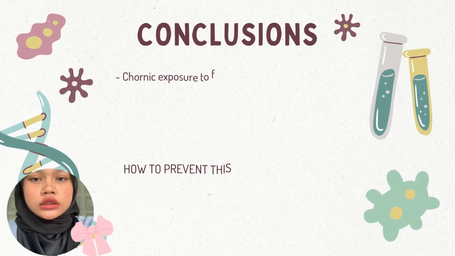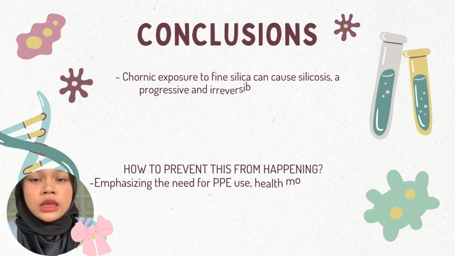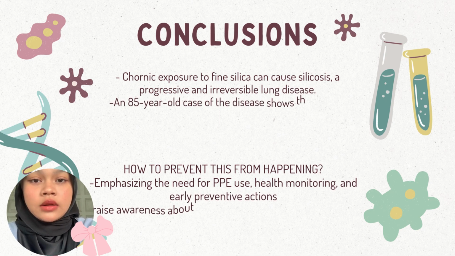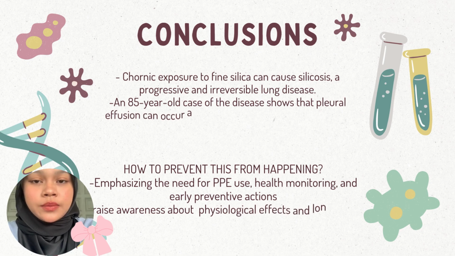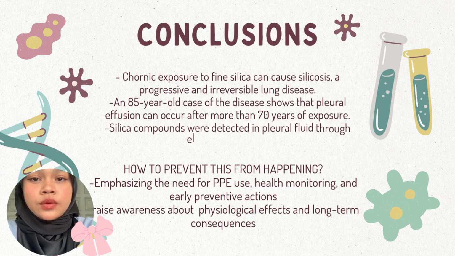Lastly is the conclusion. Chronic exposure to fine silica can cause silicosis, a progressive and irreversible lung disease. An 85-year-old case of the disease showed that pleural effusion can occur after more than 17 years of exposure.